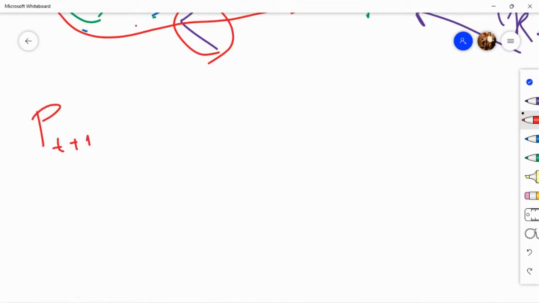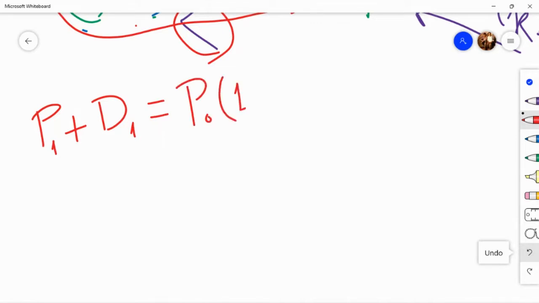So, P_{t+1}. Let me just make it easier to write: dividend 1 plus price at time 1 is the result of P0 times 1 plus the expected return.